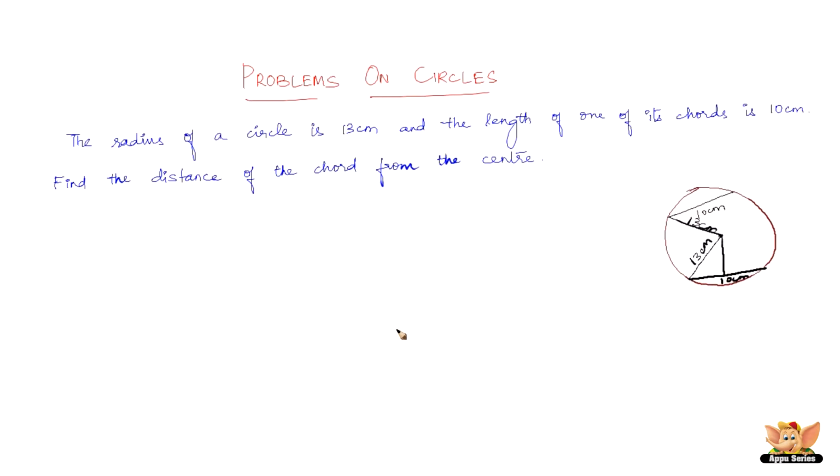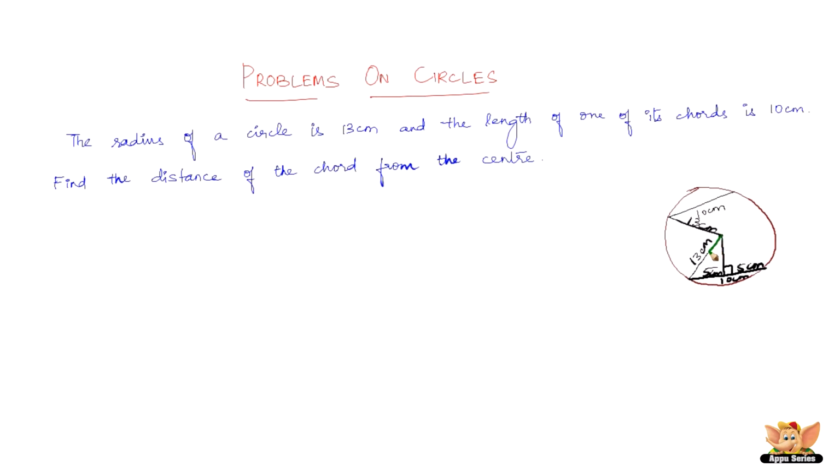Now if we go back to some important properties of circles that we've done before, it clearly says that the perpendicular from the center of a circle to the chord bisects the chord. So if this chord is 10 centimeters, then this perpendicular has bisected this chord into 5 centimeters and 5 centimeters. And one more important point is this is a perpendicular to the chord. So this is going to be 90 degrees here.